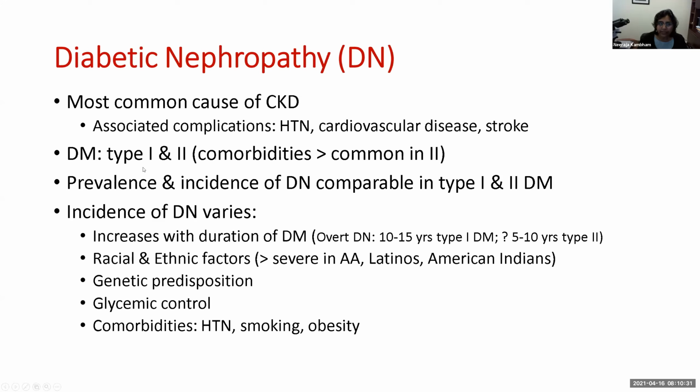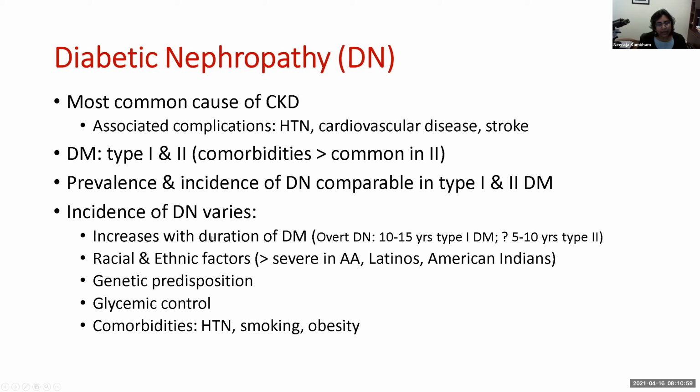We talked about type 1 and type 2, and the comorbidities seem to be more common in type 2. Right? And what is the prevalence and incidence of diabetic nephropathy when a patient has type 1 or type 2? It's kind of similar, but because of the high prevalence of type 2 diabetes, most of the biopsies we review are due to diabetic nephropathy in type 2 diabetes.